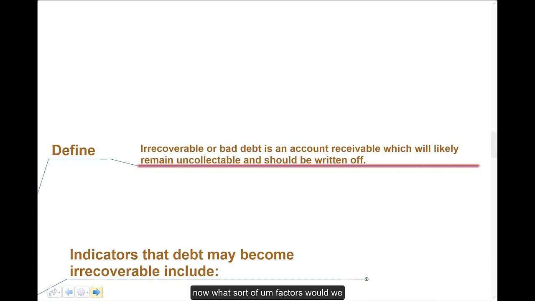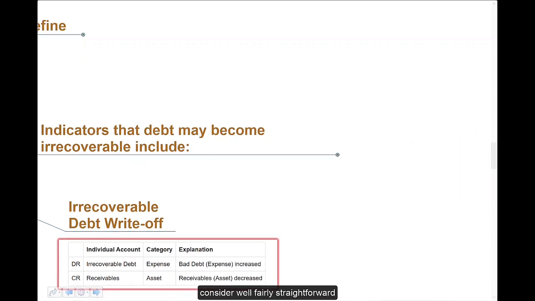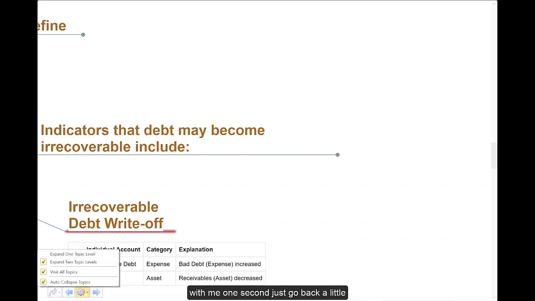Okay. Now, what sort of factors would we consider? Well, fairly straightforward, really.